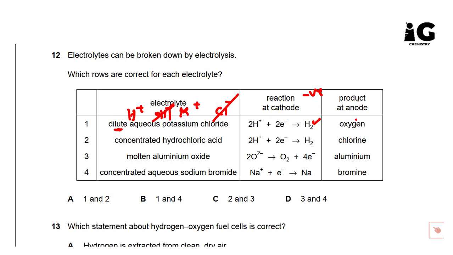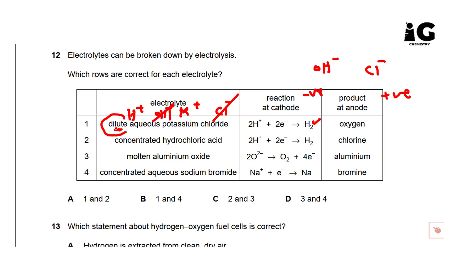At the anode, which is the positive electrode, we need the negative anions. So we have Cl minus and OH minus. The question is, which one is going to be oxidized at the anode, Cl minus or OH minus? You need to check whether the solution is dilute or concentrated.